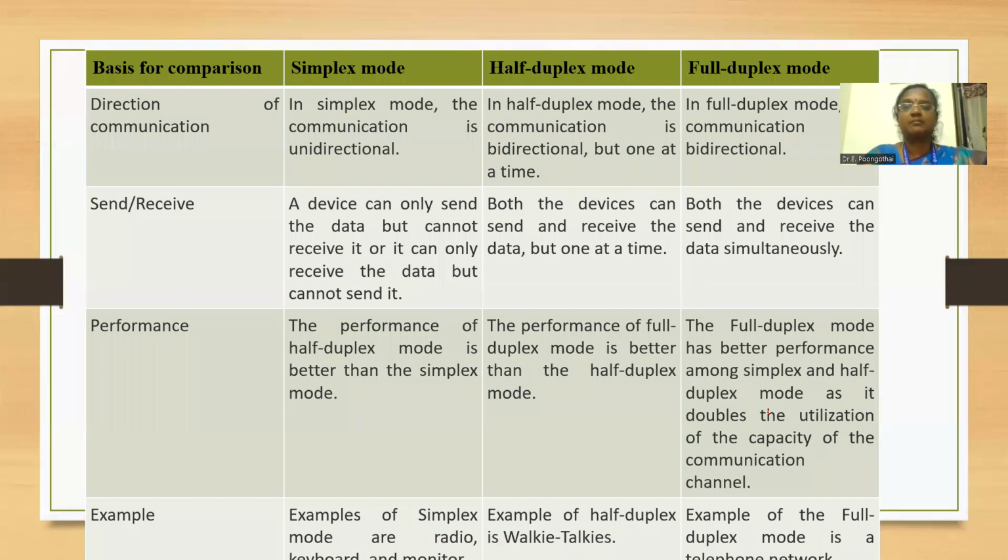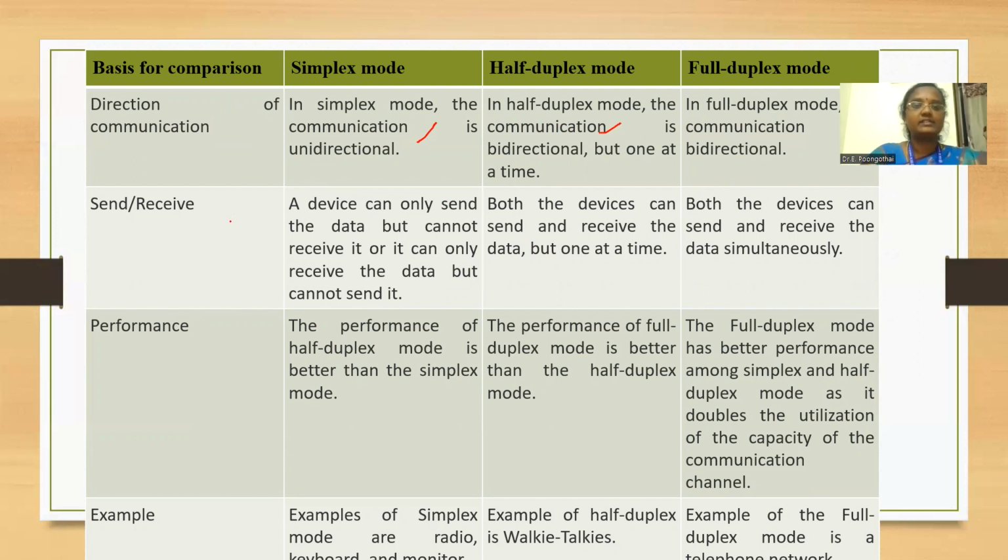So this is the comparison of the modes. On the basis of comparison, initially, we will compare using the direction of communication. In simplex mode, that is unidirectional, and in half-duplex mode, bidirectional, but only one direction at a time. In full-duplex, that is bidirectional, we can send the data and at the same time receive the data.